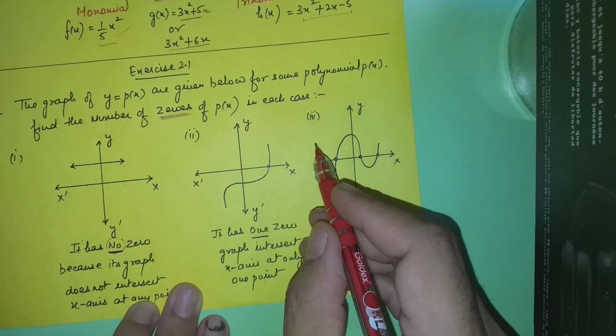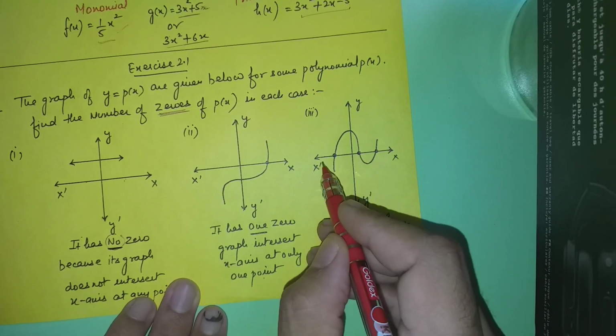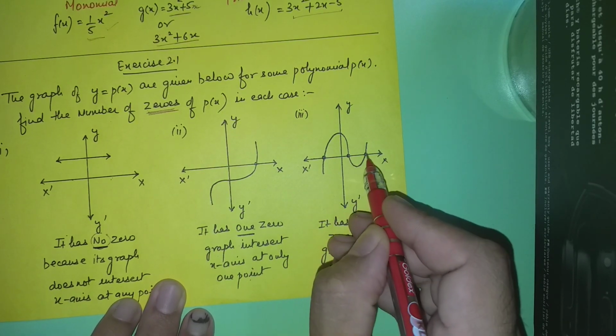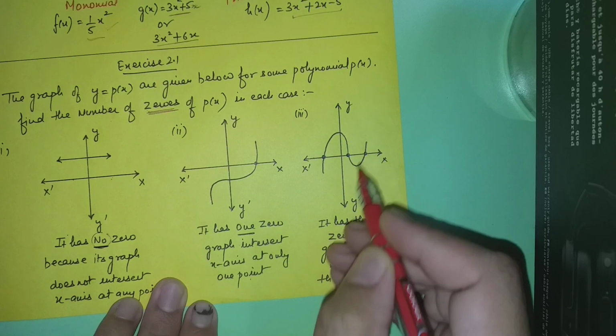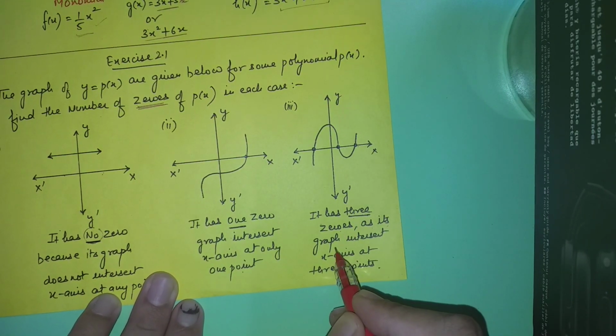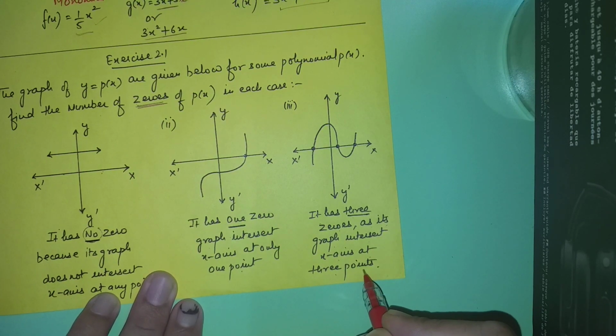Now in the third case, this curve touches the x-axis at how many points? 1, 2 and 3. So here it has 3 zeros, as its graph intersects the x-axis at 3 points.